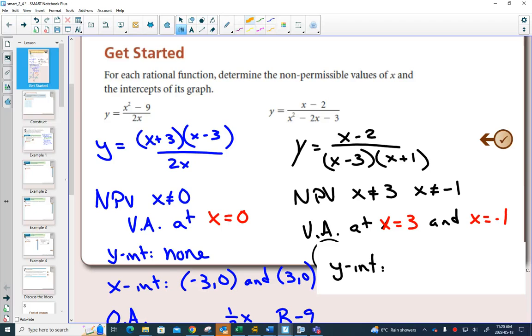This one is easy to find your y-intercept. Plug in 0 for x. It simplifies to 2/3. And our x-intercept is easy. The only place your numerator would equal 0 is if x is 2.